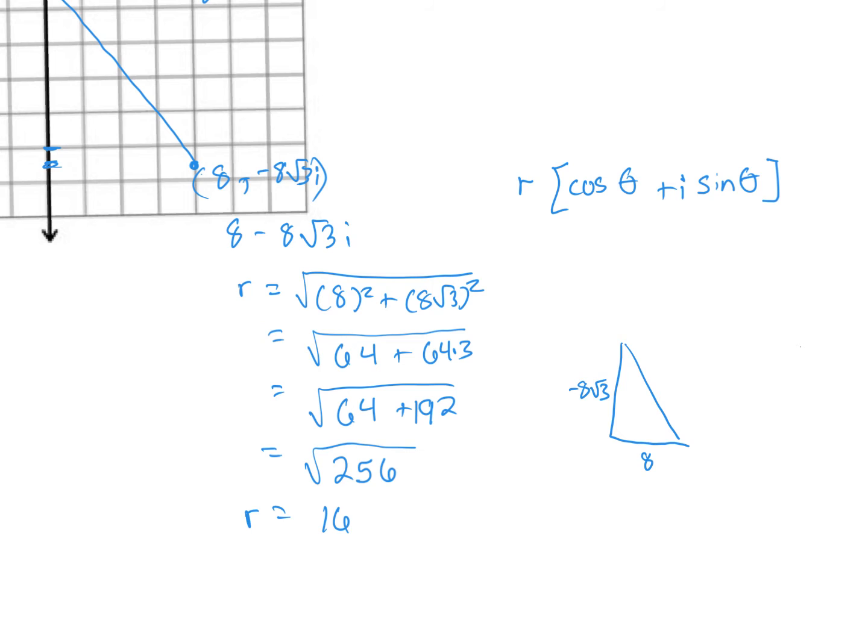So if I scale this down to my unit circle, I can divide everything by 8. I actually have a 1 and a negative root 3. That means my y is negative. This is in the fourth quadrant. 1, negative root 3, and I have a 2.